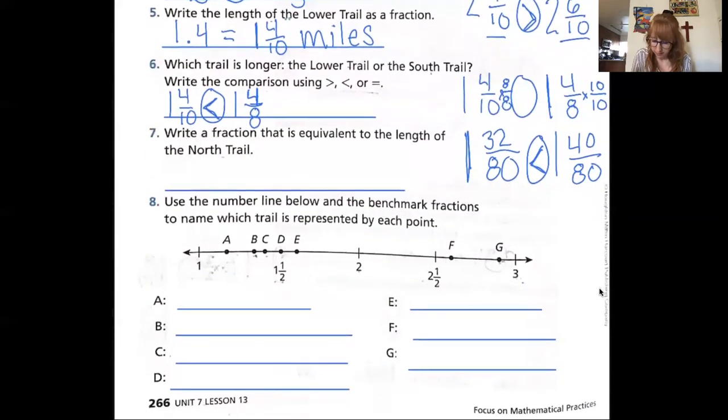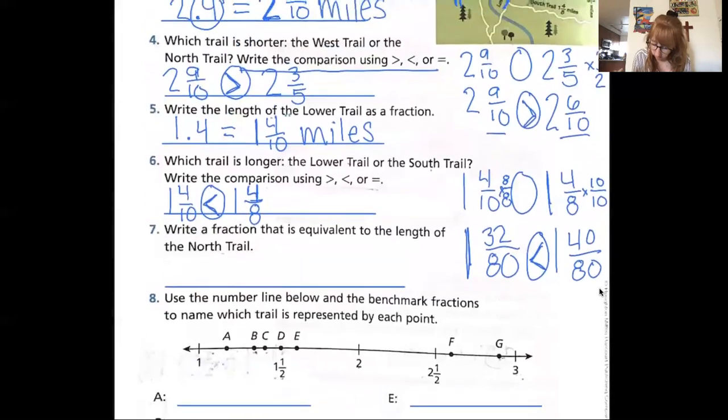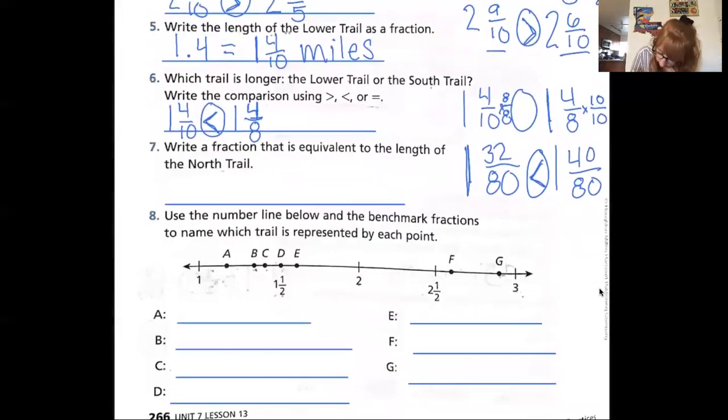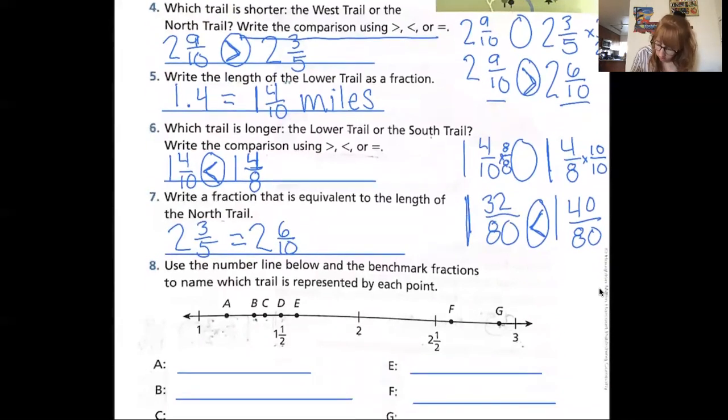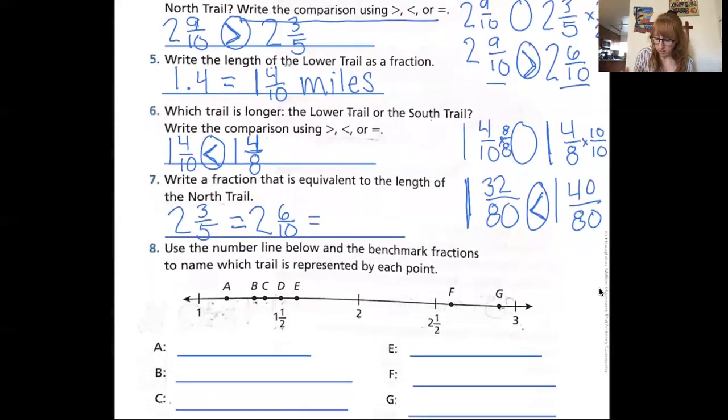So we can think about it that way as well. Number 7 says, write a fraction that is equivalent to the length of the north trail. And the north trail, we did the math up here, is 2 3/5, or 2 6/10. You can also find an equivalent fraction by multiplying and making an improper fraction.